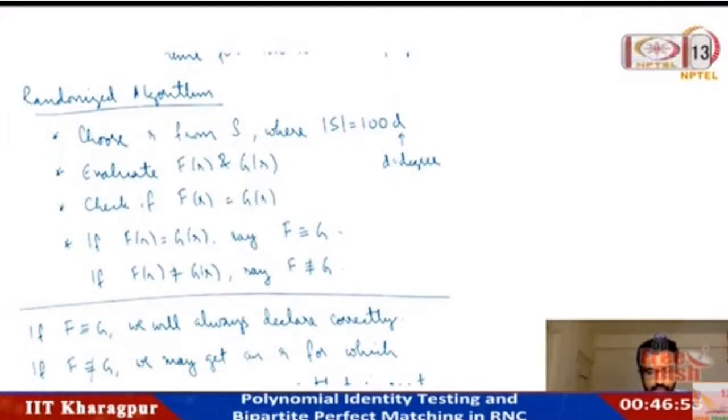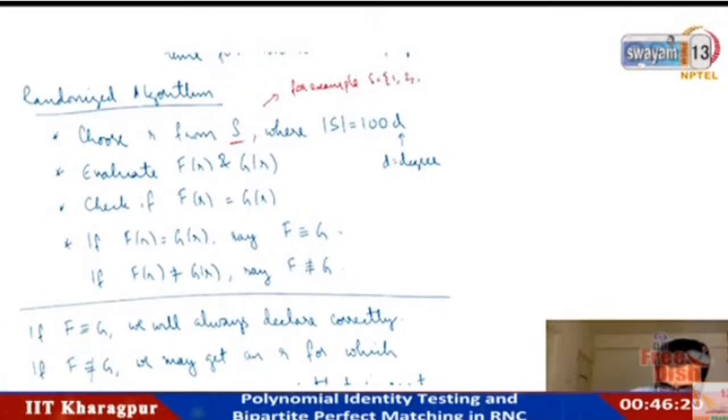Choose a random number in place of x. Instead of saying choose a random number without specifying from where, let us say we choose a random number r from a fixed set S. Let's say it is a degree 10 polynomial, so S could be some set of size 1000, for example the first 1000 natural numbers.